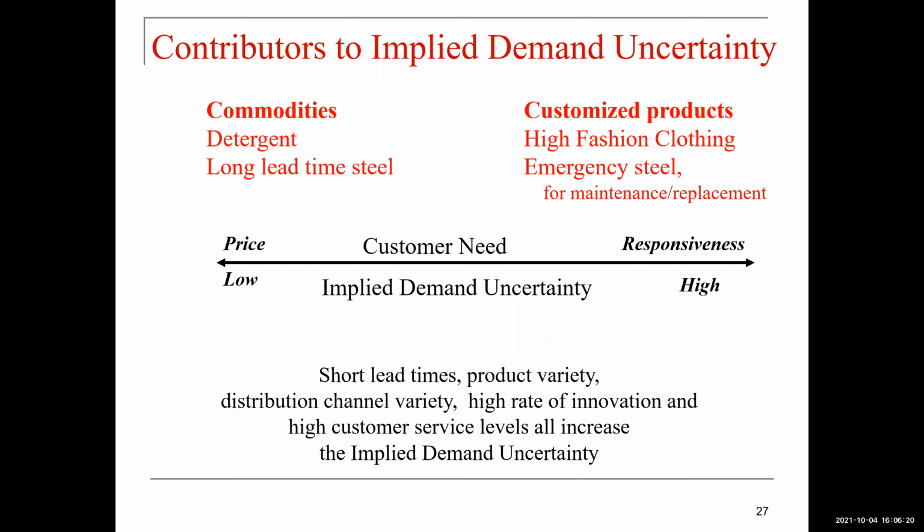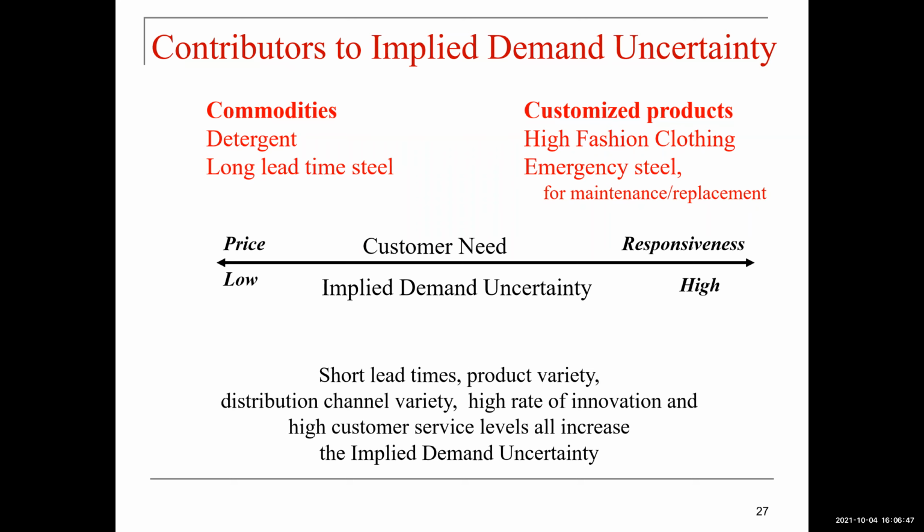So if the implied demand is high, the responsiveness, and then the price on the other side. When it's low, customer needs could be low too. So the price is what's going to help the person make a decision in terms of the availability, which products they are going to consume.